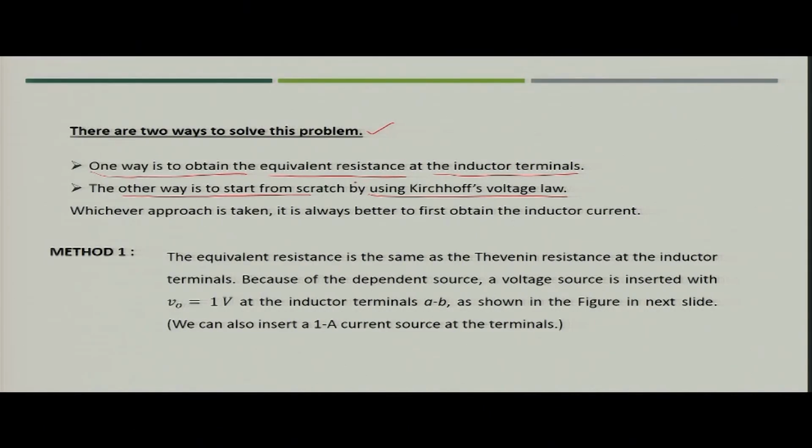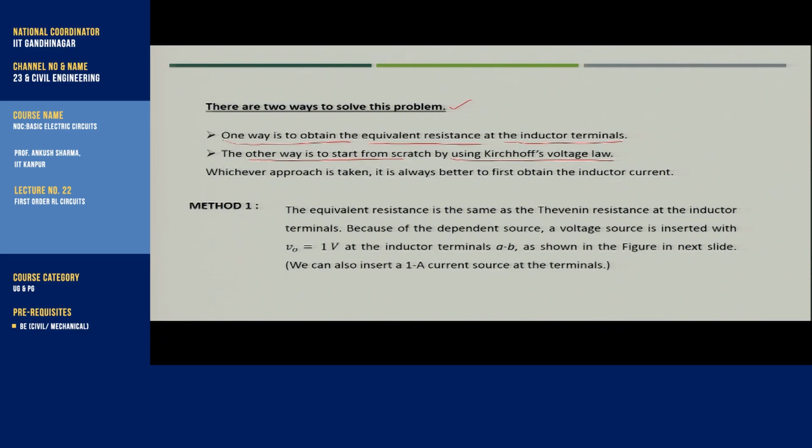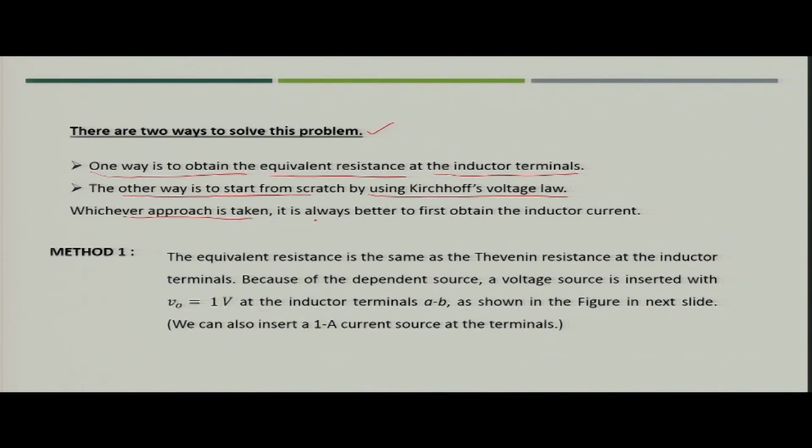Second, when we have the dependent voltage source, we can also simply use Kirchhoff's voltage law and simplify the circuit as we used to do in mesh analysis. Whatever approach we take, the value will remain the same, but it is always better to first obtain the inductor current.